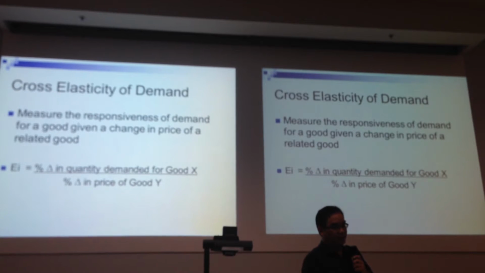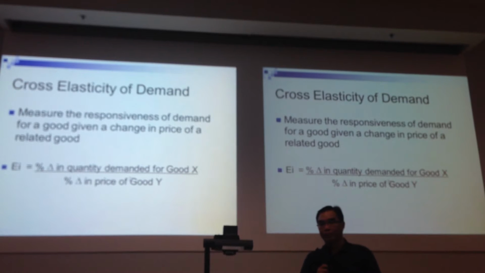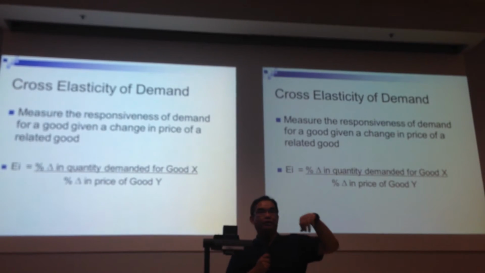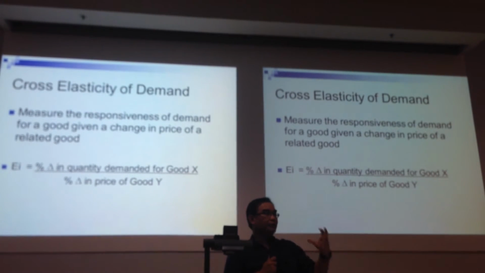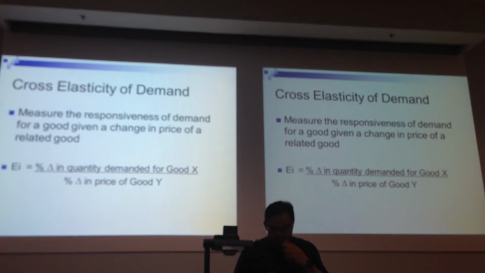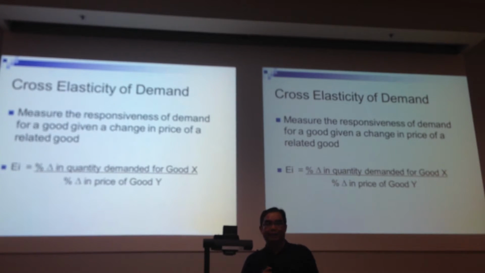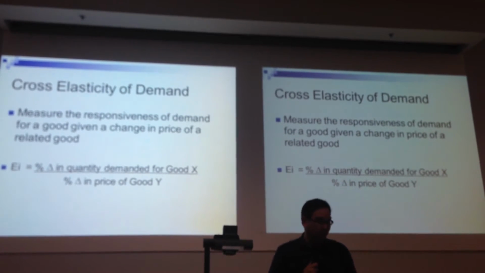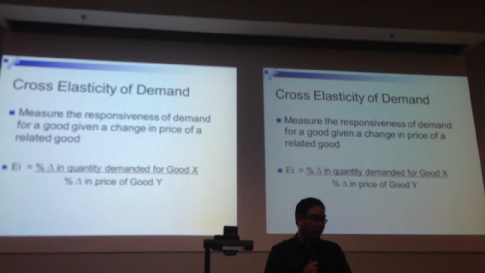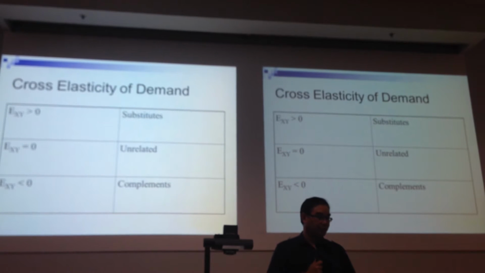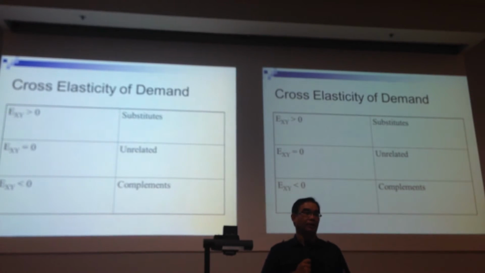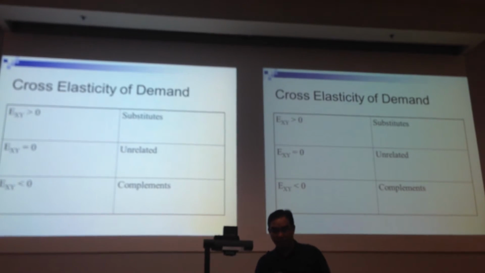It's the percentage change in the quantity demanded for good X divided by the percentage change in the price of good Y. So it looks at the change in the quantity of one good when the price of another good changes. And by calculating the cross elasticity, you can determine what the relationship is like between two goods, whether they are substitutes, complements, or unrelated to one another.